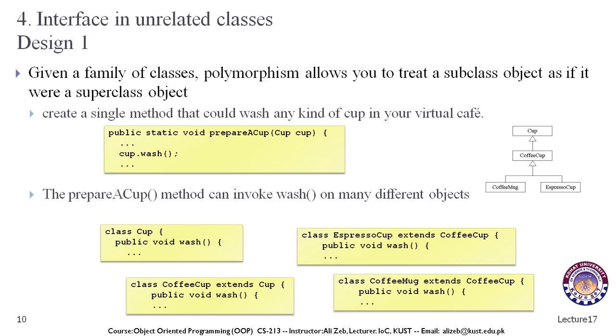Coffee mug extends coffee cup. So the problem here is that all of these classes are related to each other and are combined in an inheritance relationship.